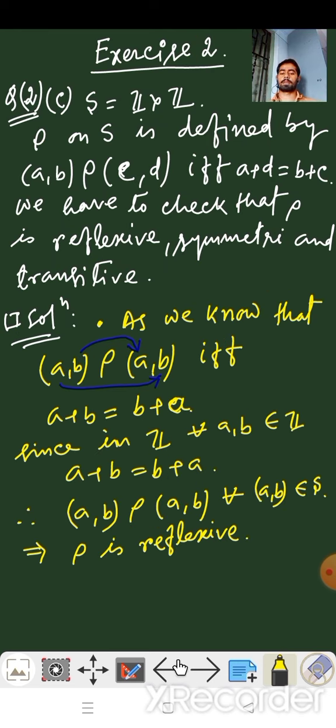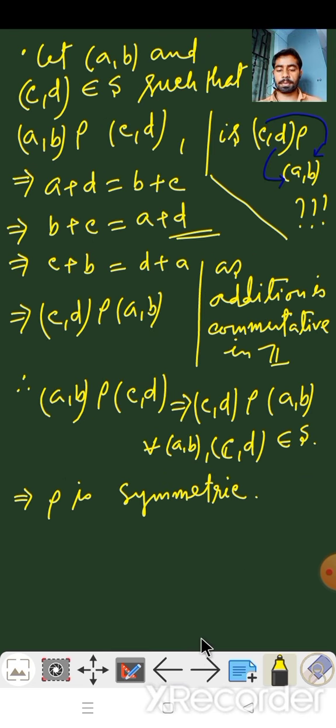So first we have already got that rho is reflexive, and in the next page we have seen that rho is symmetric also. Now our aim is to check whether rho is transitive or not.